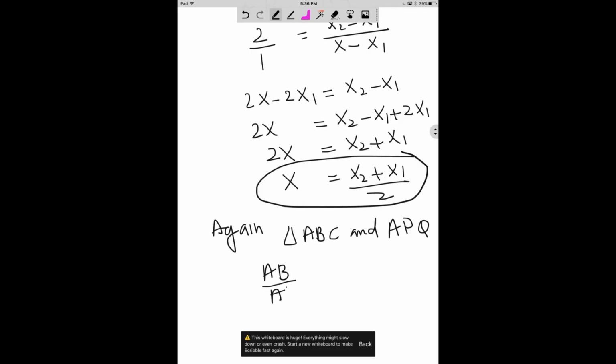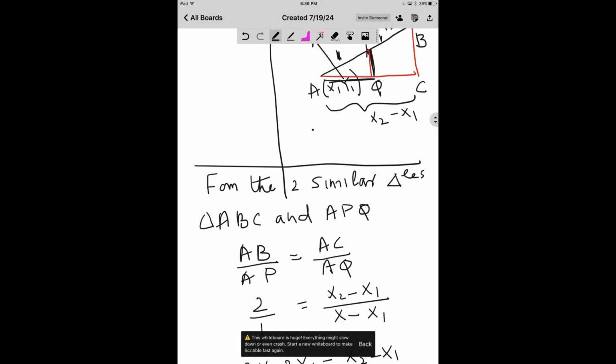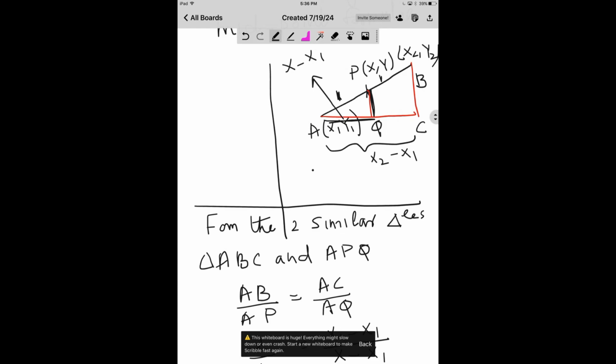AB divided by AP is equal to the perpendicular distance BC divided by PQ.